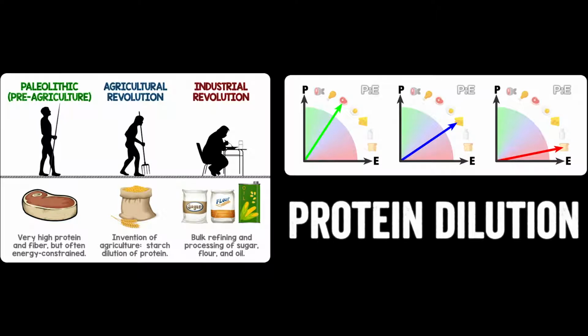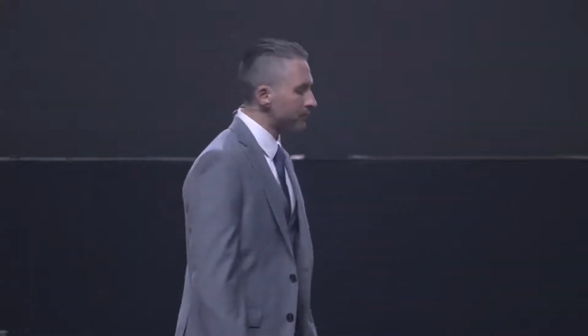And with the advent of agriculture, we diluted the protein in our diet because we figured out how to grow these starches, and the protein to energy ratio of our diet went down considerably. As a result, we had some negative health consequences. We had shorter stature, smaller brains, and poorer health of bones and teeth with the advent of agriculture.